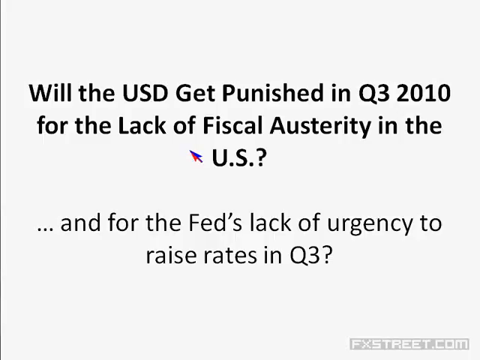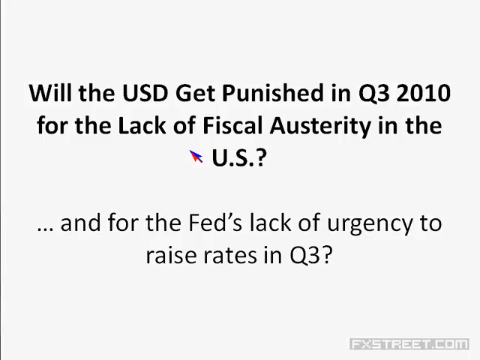Instead, we actually saw the US dollar getting punished in a way in that kind of environment. Instead of rallying when we get more risk aversion and more weakness in equities, the US dollar was weakening. And the euro, as I showed you with that short-term chart, was strengthening in that kind of environment.